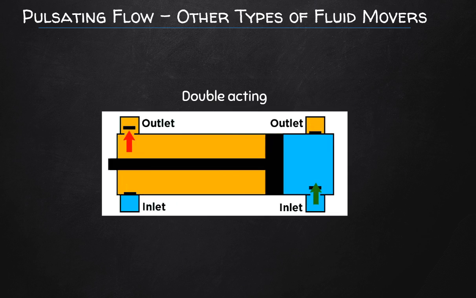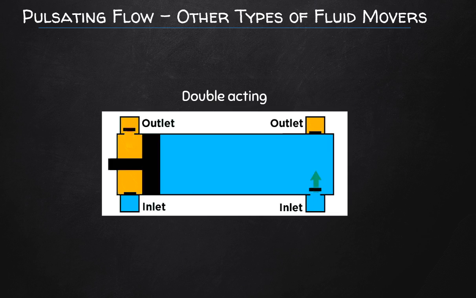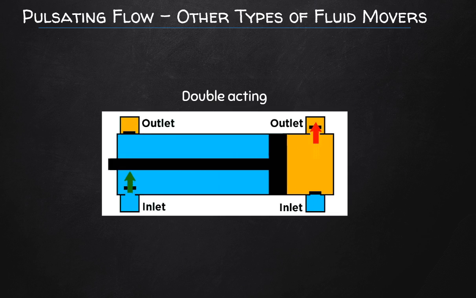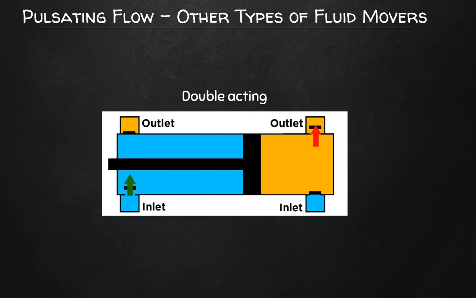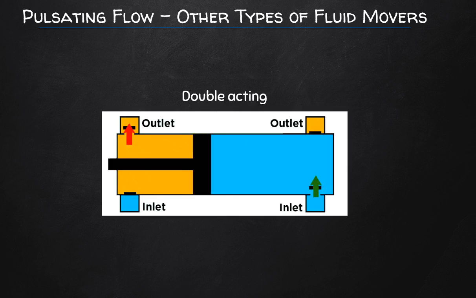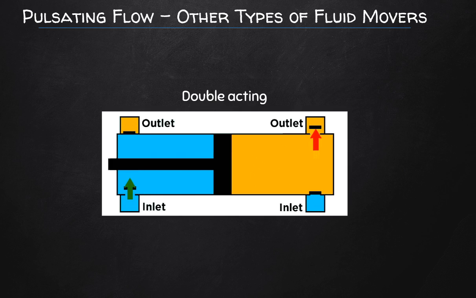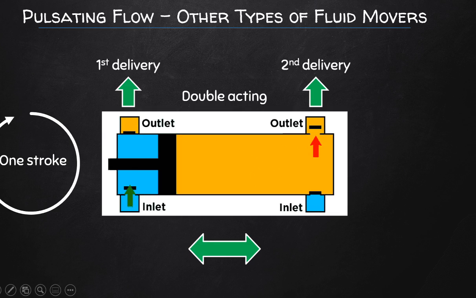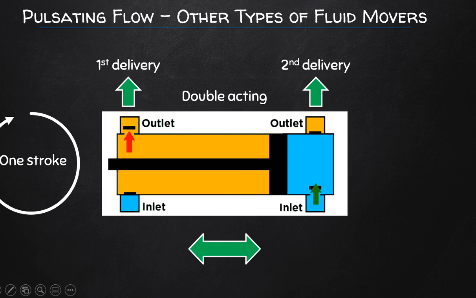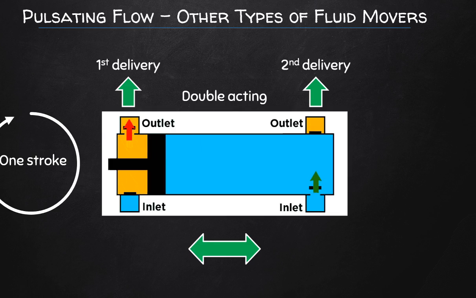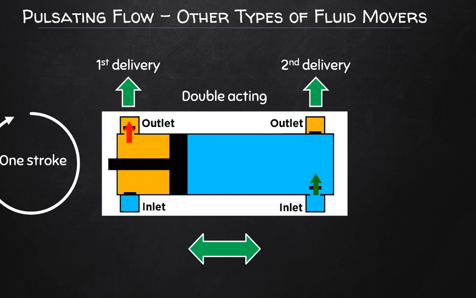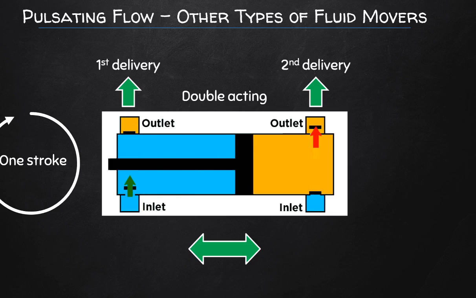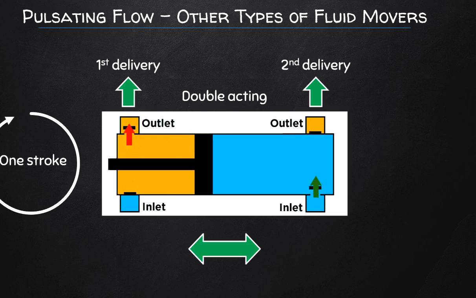But the double action is nice because as you pull back and pull forth and pull back and pull forth, you'll always more or less have a flow out. And you can compare this with other ones. So in one stroke, compare this: how much liquid or gas can be delivered per one cycle?